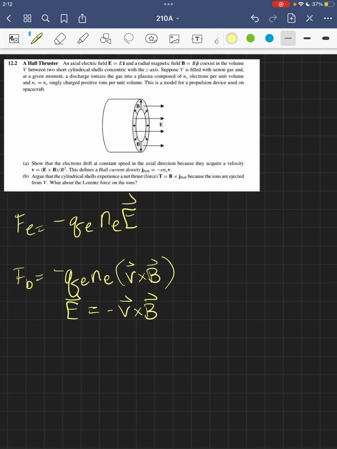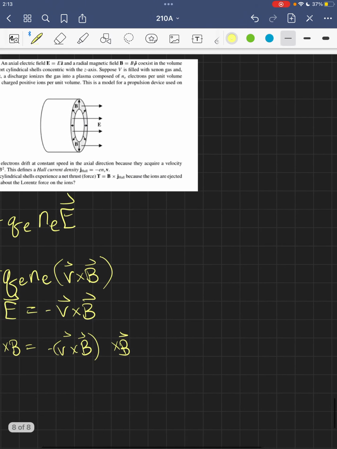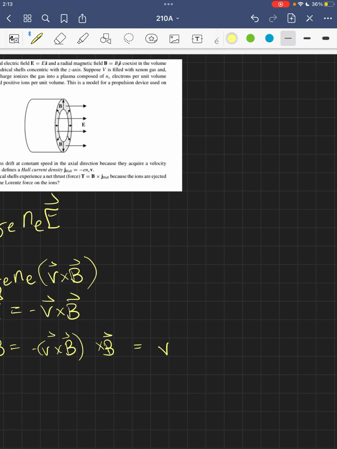Because we're saying they cancel each other, we can say E cross B is then equal to negative V cross B, cross B, which is equal to V B squared minus B dot V times B. What does all this mean?